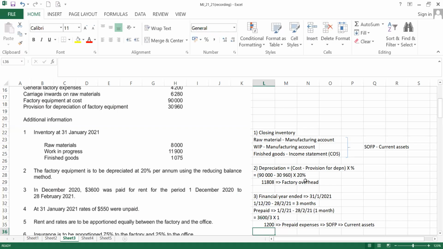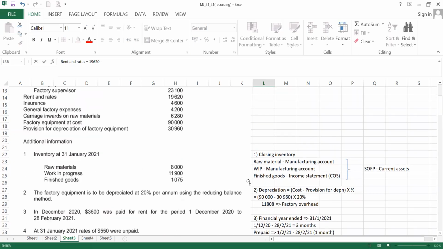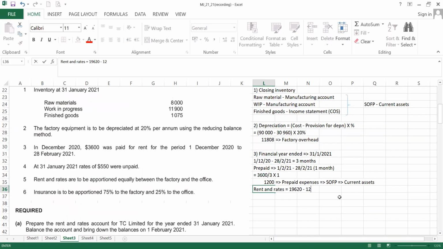And to calculate the rent, our rent amount, rent and rate in the trial balance is 19,620 minus the prepaid amount 1,200. So let's calculate 19,620 minus 1,200.